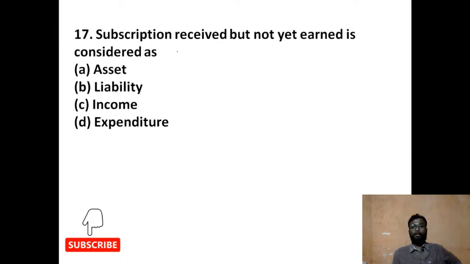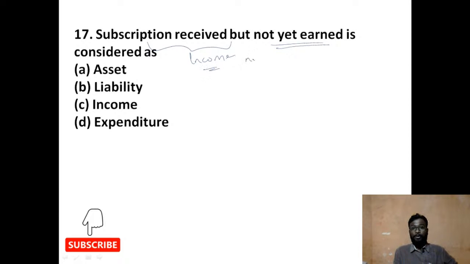Subscription received but not earned is considered as what? See, subscription received but not earned, that we have not earned.